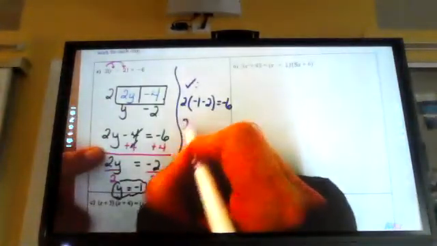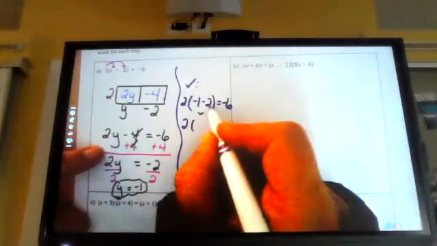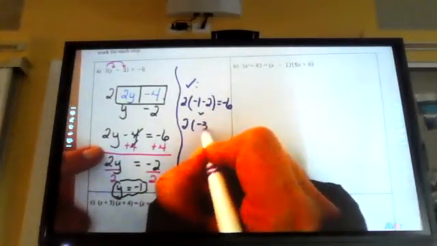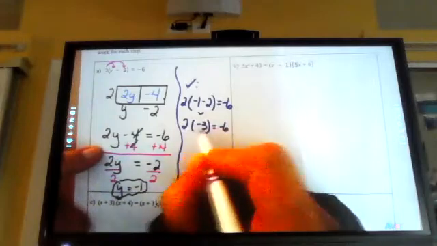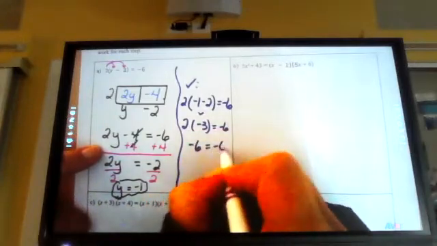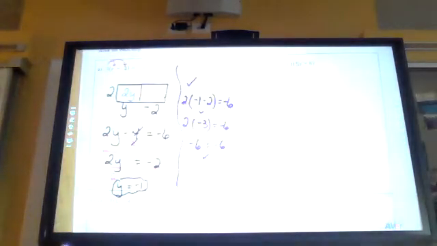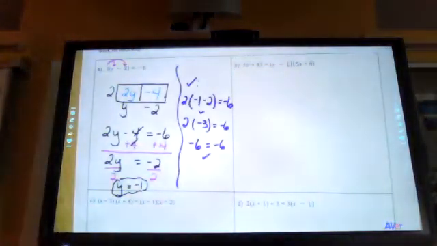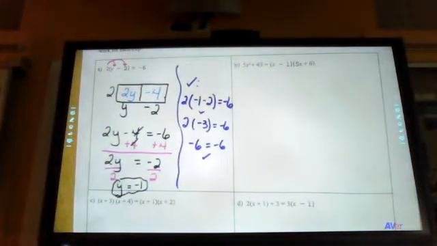So do my PEMDAS. Negative 1 minus 2 is negative 3. 2 times a negative 3 is negative 6. Negative 6 equals negative 6. I got the right answer. Okay, so notice, you can check your own work. And this is true for our next short cycle, which happens to be next week, that you can do that. You do not have to rely on us to check your work. Take your time to do that.